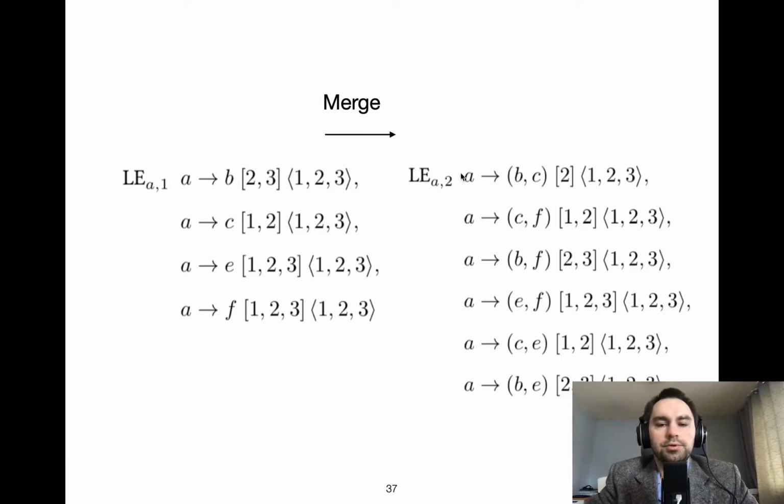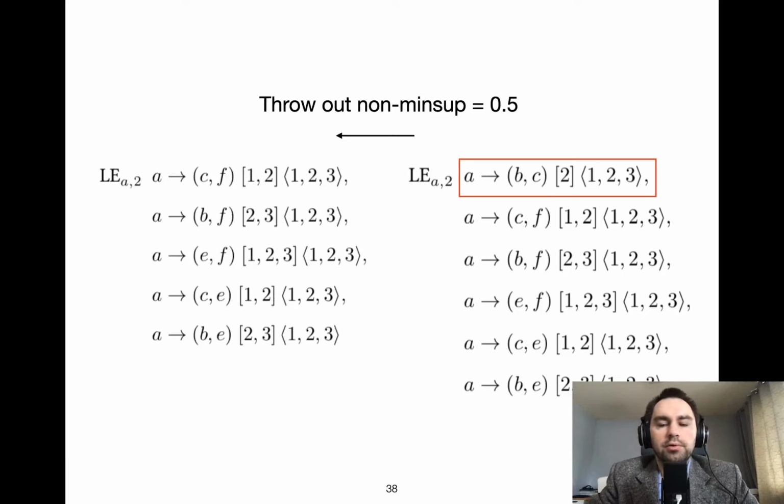We're going to merge all the things that we can, and we're also going to merge supportive and confident sequence indexes, and then we can throw out things that don't meet our minimum support requirement. You can see here that after the merge, this rule is only supported by sequence number 2, and we need support of at least 0.5. But this is only 1 out of 4, 0.25, so we can throw it out.